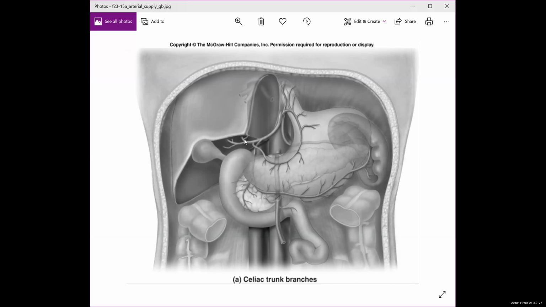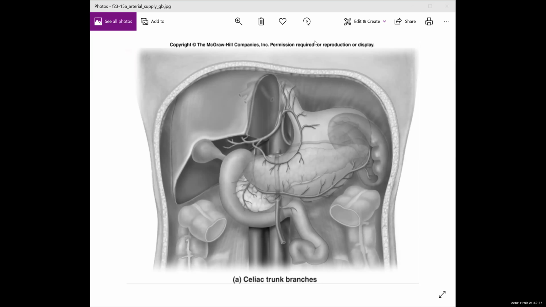This is the left hepatic artery. And name this one here. The right hepatic artery. Name this vessel here. Superior mesenteric artery.